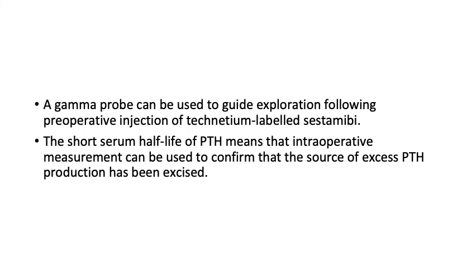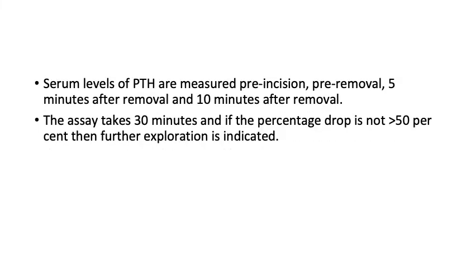Because of the short serum half-life of parathyroid hormone, we can measure the parathyroid hormone levels intraoperatively, and this can be used to confirm that the source of the excess parathyroid hormone production has been excised. So the levels of the parathyroid hormone are measured before the incision, before the removal, 5 minutes after removal, and 10 minutes after removal.